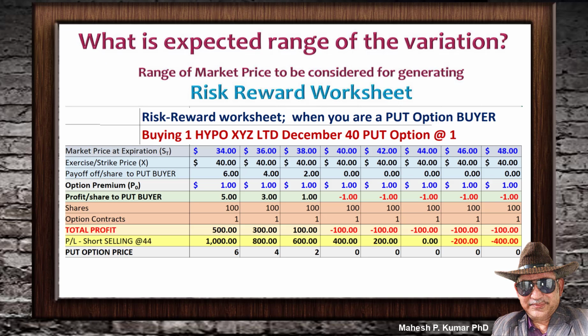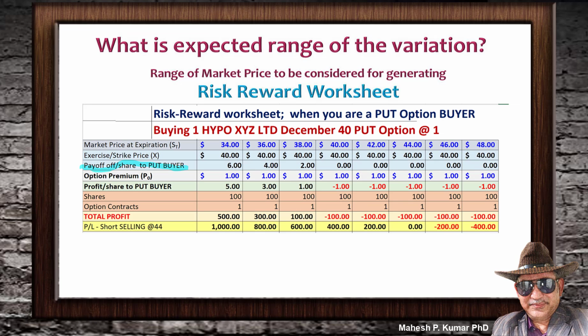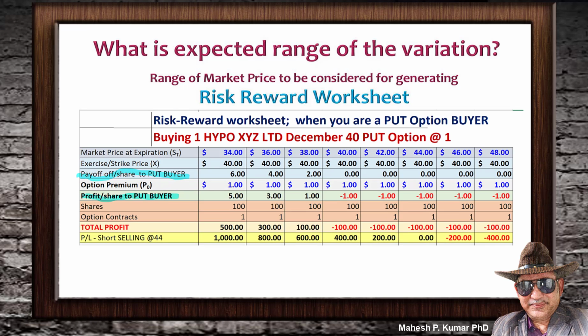In this learning, we will be computing the payoff per share to the put option buyer, and we will also calculate the profit per share to the put option buyer, and we will do that in a certain range of variation, which I'm circling right now, from $34 up to $48.